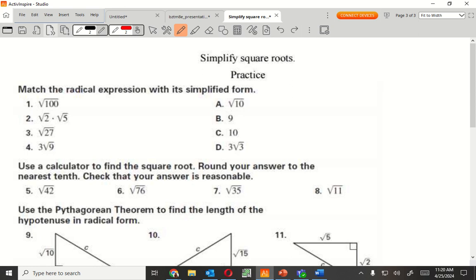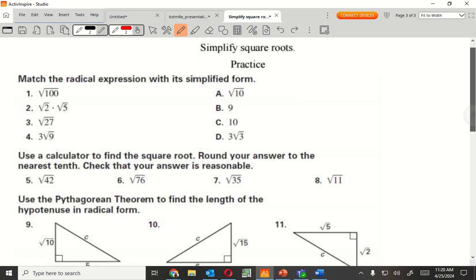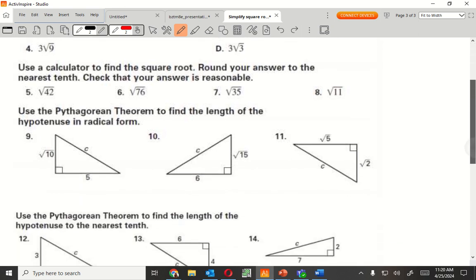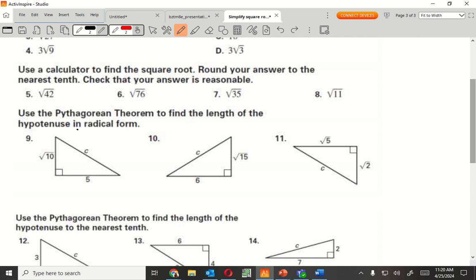Match it with the simplified form. Right here it says in radical form. That means you're going to leave your answer as like rad 30 or square root of 30. Okay? So that's what those ones are going to be. On these top ones, you're not approximating.